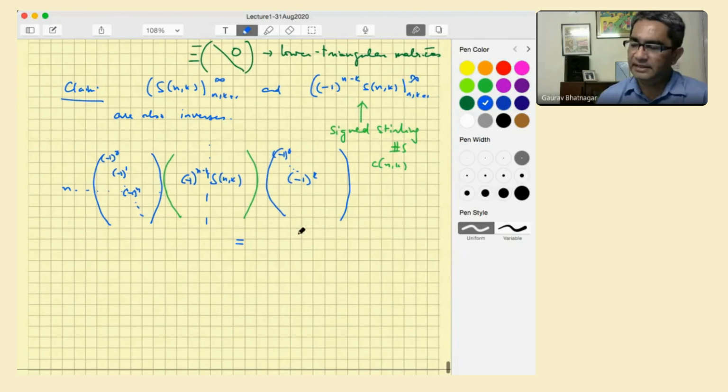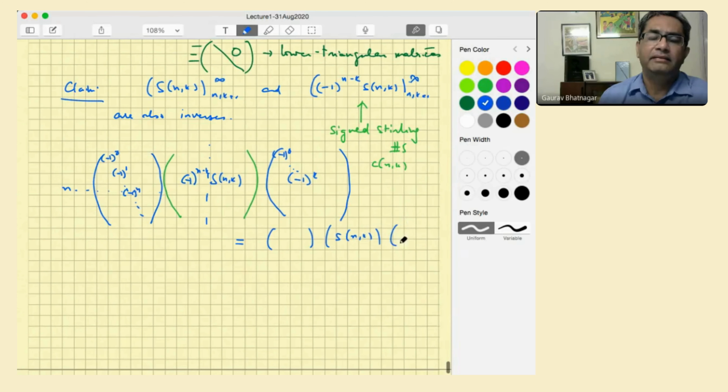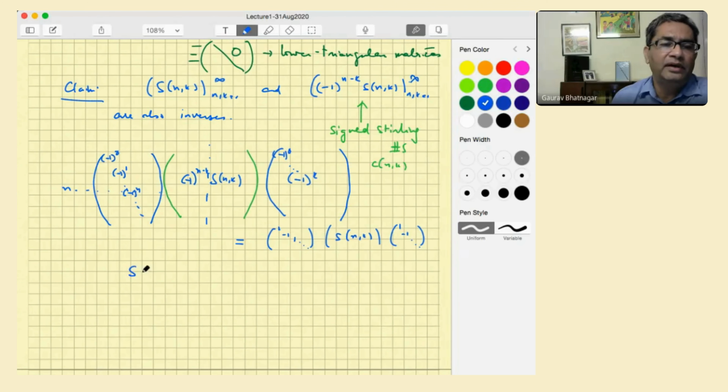Whatever this matrix is, it is also the same thing as the small s and k matrix with the 1, minus 1, 1 here. And the inverse, so if S and K is the matrix, what is the inverse of it?